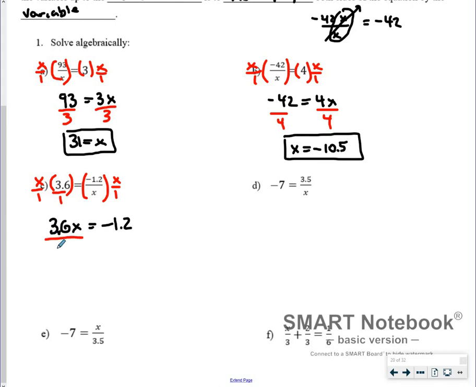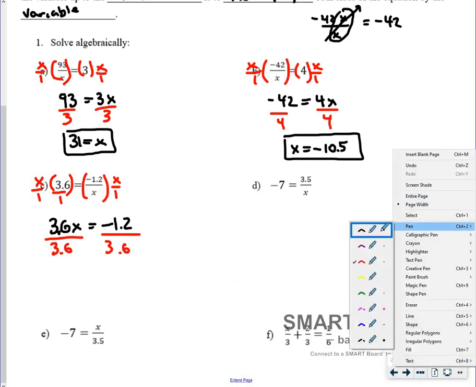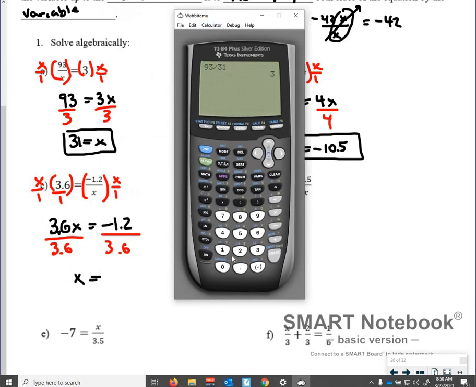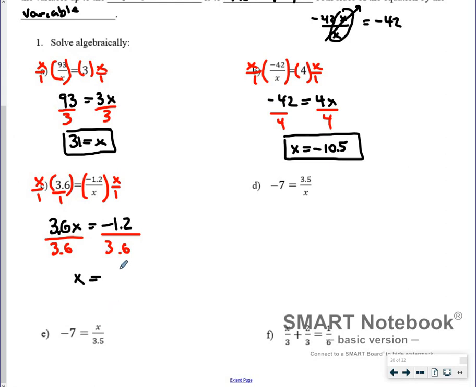The opposite of multiplying by 3.6 is dividing by 3.6. And 3.6 divided by itself on the left is 1. And 1.2 divided by 3.6 is 1/3. You can try that out. I'm just going to exclude the negative for simplicity, and I'll put the negative in later. So 0.3 repeating, 1/3. So that is negative 1/3.